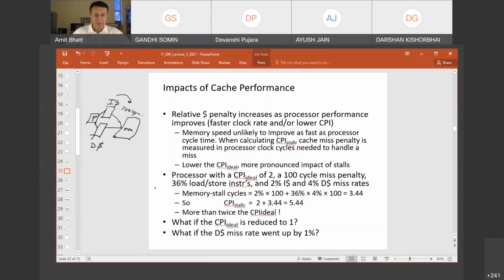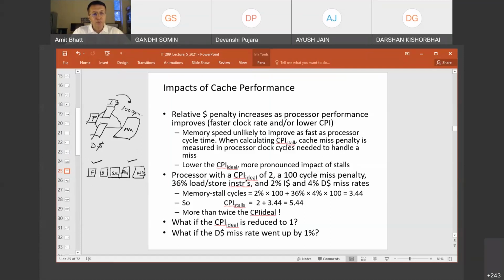So let me put it this way. You have got a 5-stage pipeline. This is the data memory or memory and write-back stage. We have already discussed that we access memory in these 2 stages. In the fetch stage, we access instruction memory, and in the data memory stage, we access data memory.